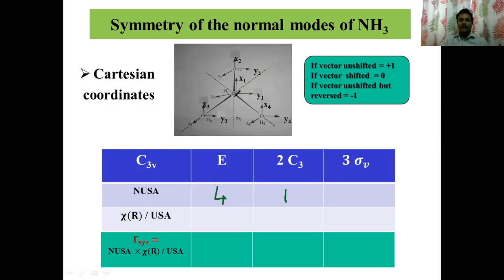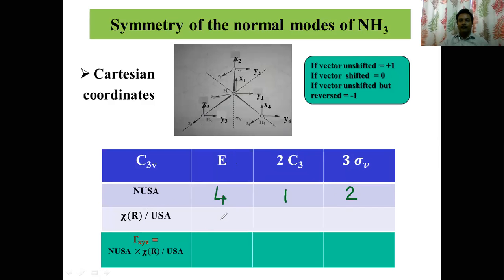That is this nitrogen and this hydrogen, and the other 2 are going to shift position. So the number of unshifted atoms is going to be 2 here. Okay. Now we look for the characters for each operation, right?